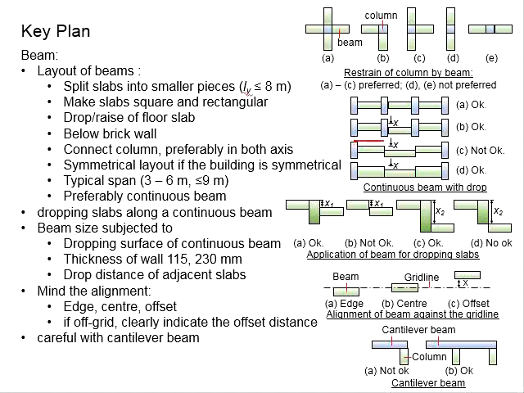You cannot have your beam designed in this manner, as you're going to have problems with the connections between the beams. There is no continuity between the continuous beam here. Most likely it's going to fail in shear.